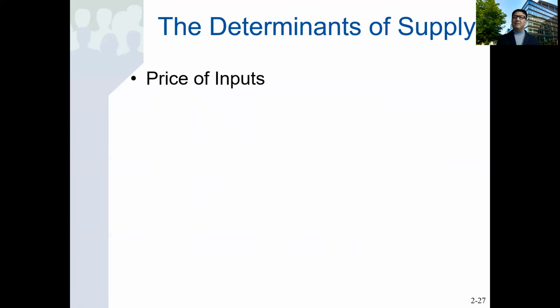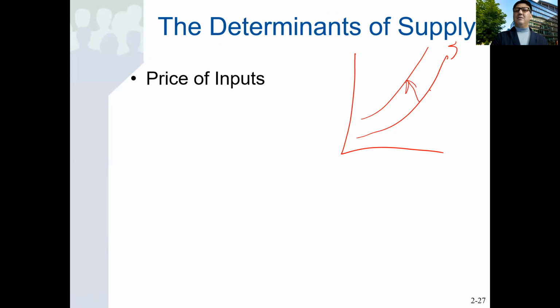From the supplier's perspective, what caused the supply to go this way or that way? What are the determinants?